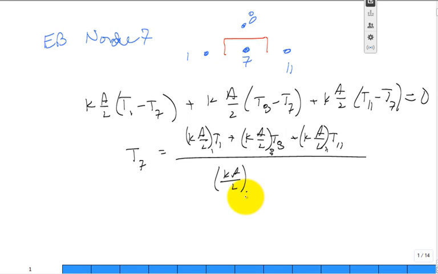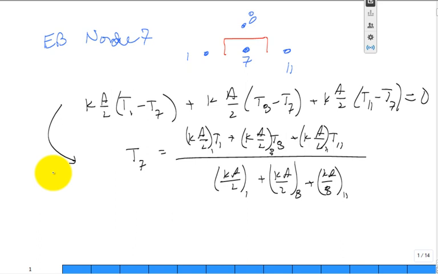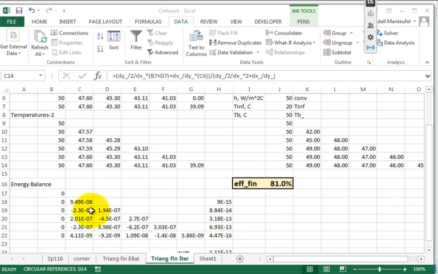This is associated with node 1, A over L associated with node 8, and KA over L associated with node 11. You see how this equation is being rewritten in terms of T7 is equal to the rest? And in it, I have the neighboring nodes. So that's what we implemented in Excel.